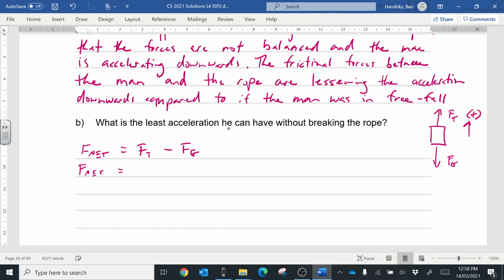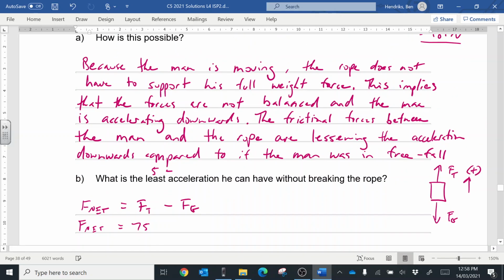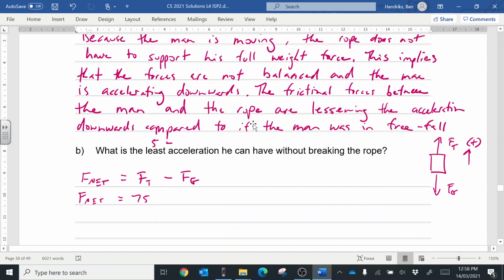The maximum tension is 750 newtons, minus his weight, which is 981, what we calculated.